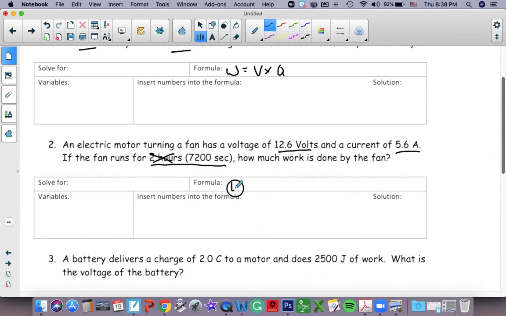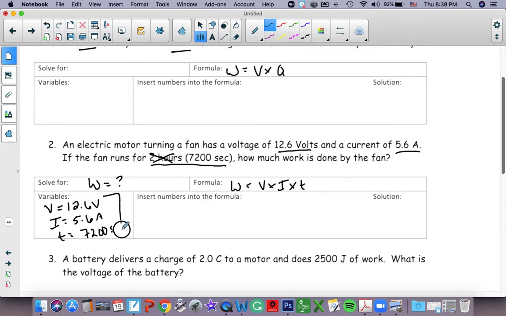Okay, so our formula: work equals volts times amps times time. So there's 3 variables here, 1 variable here. You want to fill out all of your table here to make sure we have everything. How much work is done, so we're looking for W. So that means we must have volts is 12.6, and amps or current is 5.6, and then time, that is 7,200 seconds.